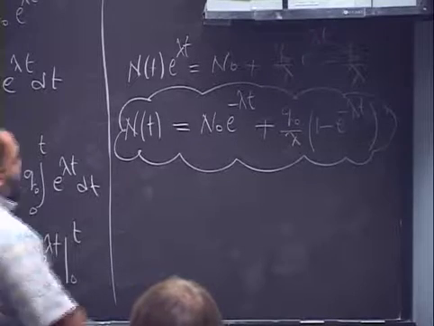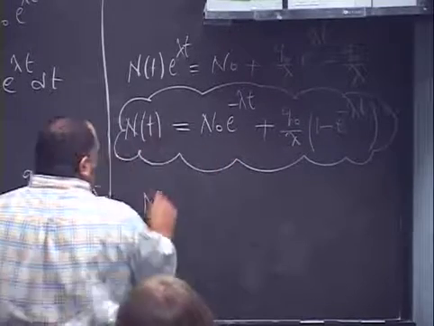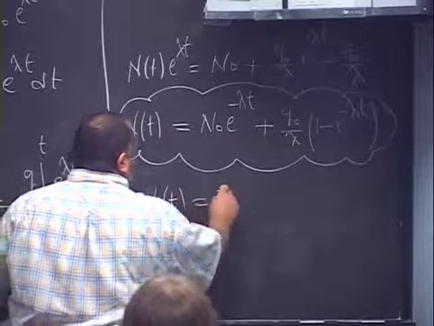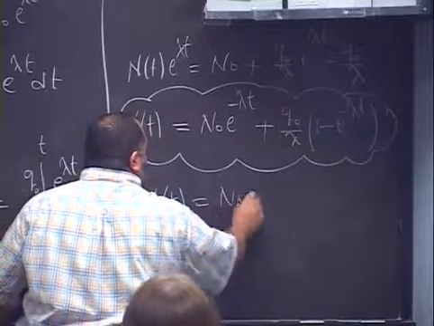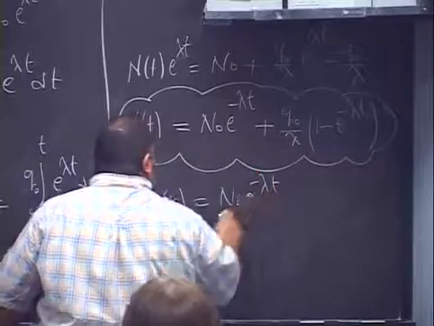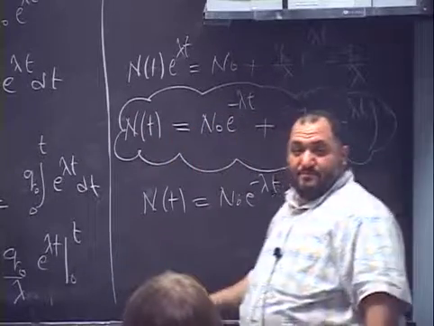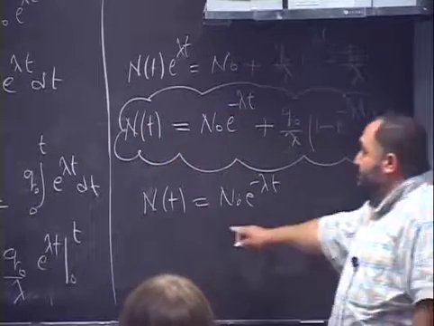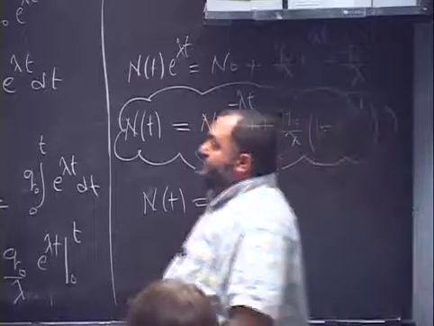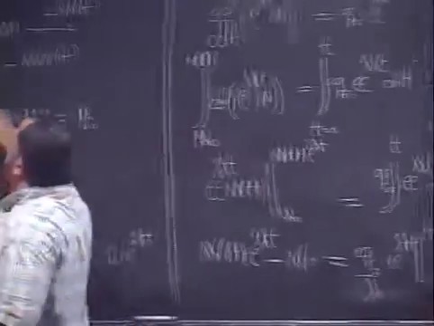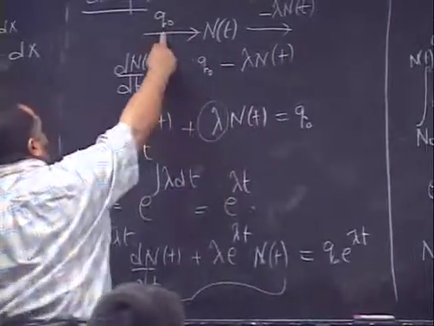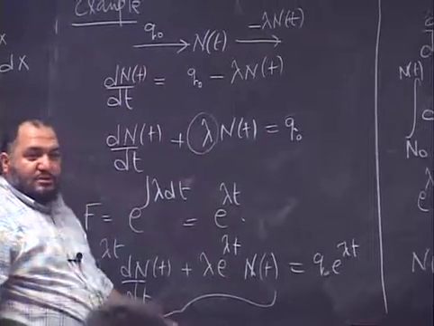You get n equal to n naught e to the power of minus lambda t. What's this? This is the solution for this equation when there is no production, just decay.